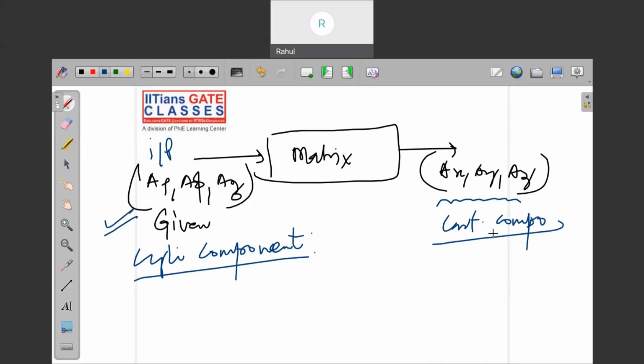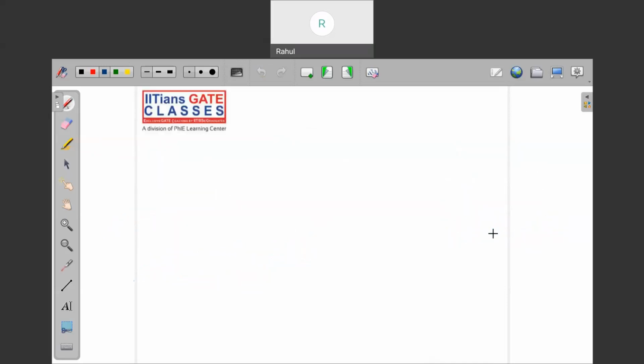We'll solve a few problems as well. So what matrix is that? Take the transpose of that. If you have to find ax, ay, az, whatever you have to find, just take the transpose of that.